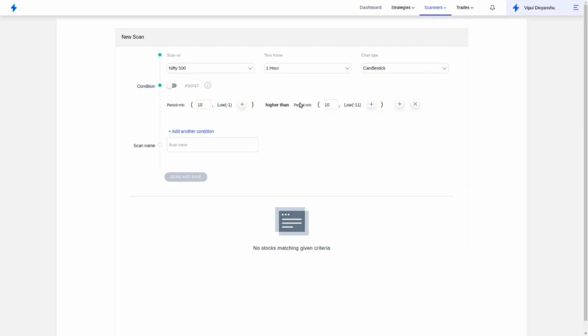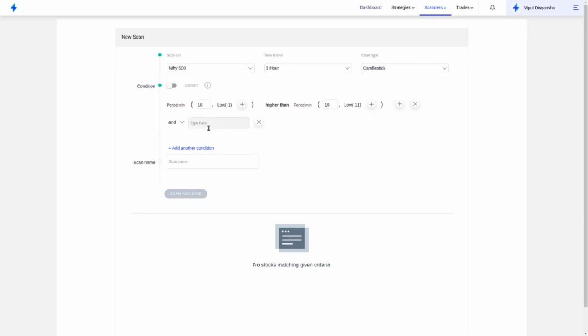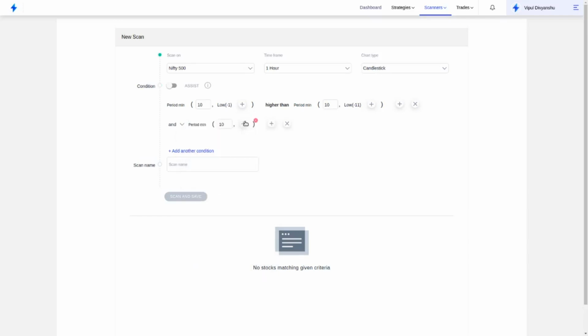Now that lowest low, this one, should be lesser than the new lowest low, showing that a rising low is being formed. So let me add another condition. I'll just say the previous one with offset of -11 is higher than period min.